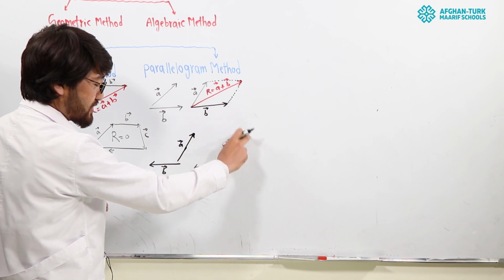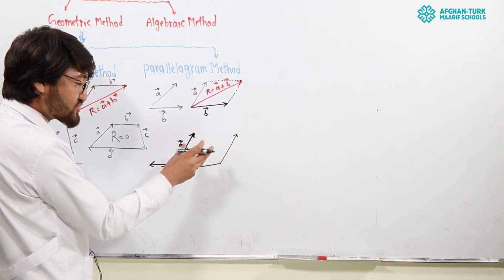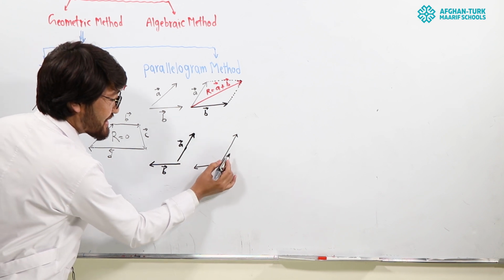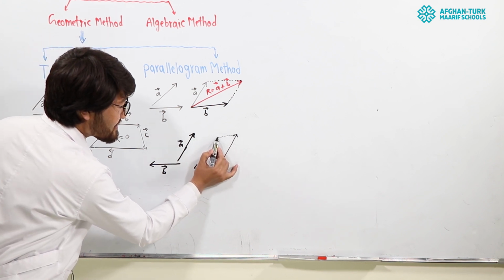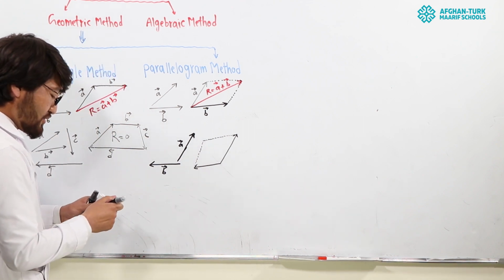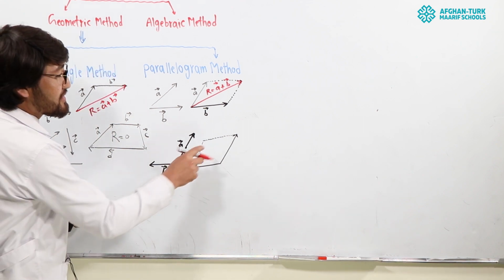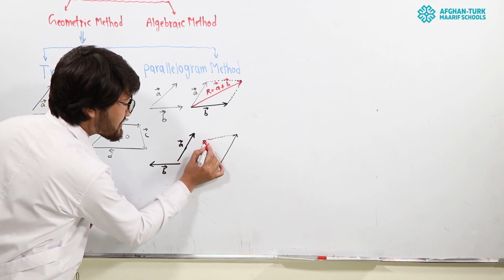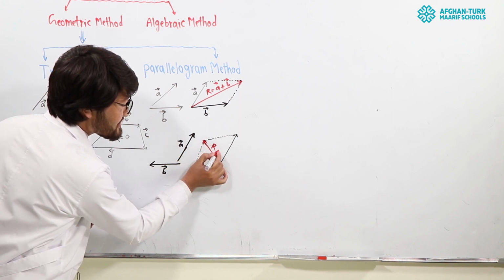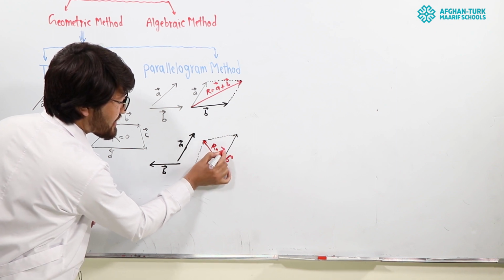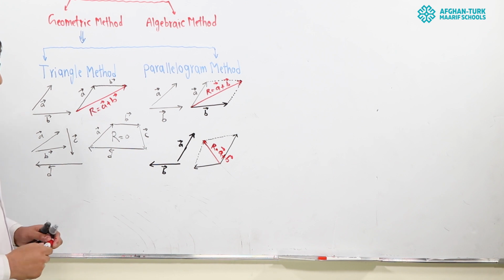This is the starting point. Now we also draw two parallels and make a parallelogram. The diagonal of this parallelogram is the resultant vector of vector A and vector B.